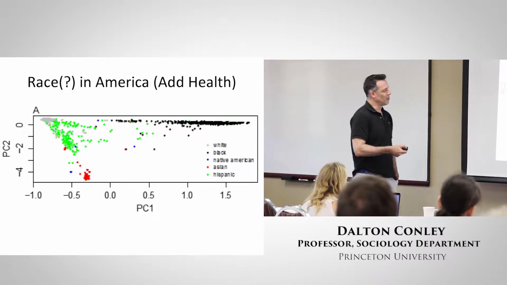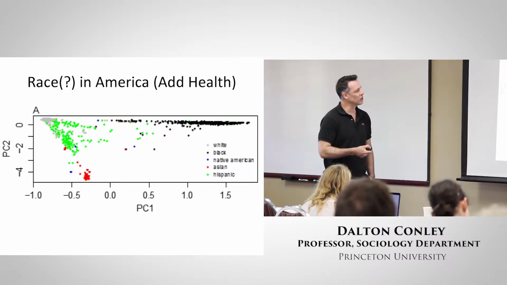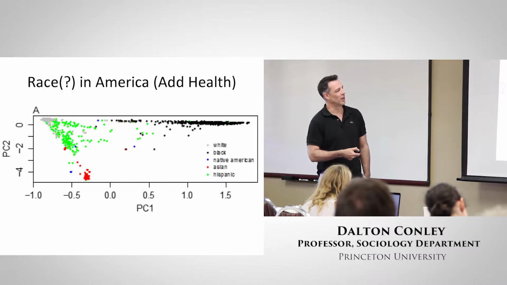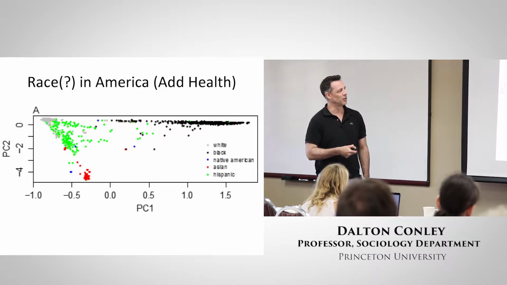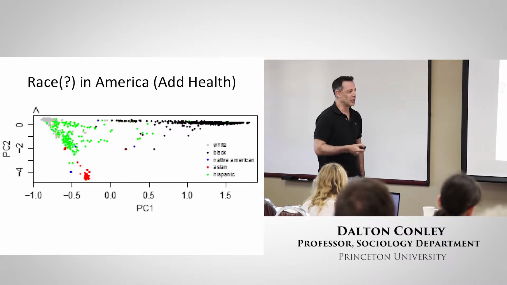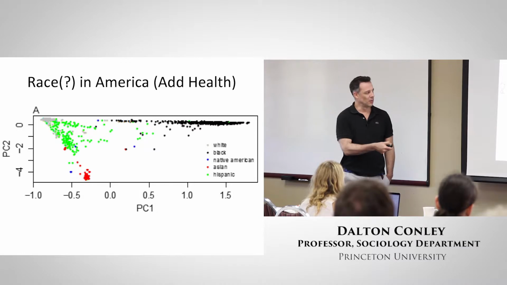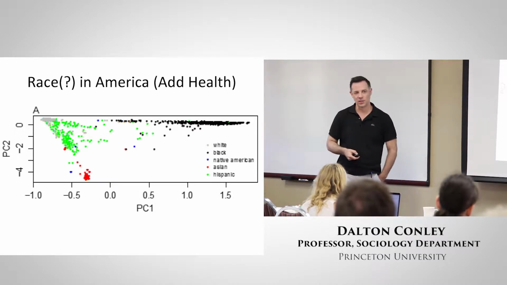And you can see patterns of admixture: for example, Latinos, the green dots, are an interesting spread of admixture across the first two principal components, with the first principal component, the x-axis, really reflecting African ancestry, and the second principal component reflecting what we'll call Asian ancestry, because the red dots are Asians down there.